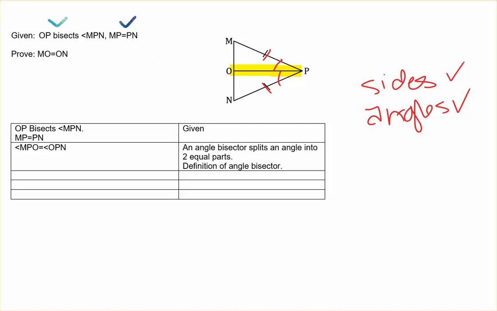Now remember, we're looking for equal pairs. So I'm going to have to write this as 2 equal sides. In the proof, I write down OP equals OP, and my reason is reflexive. This has just given me another pair of equal sides.